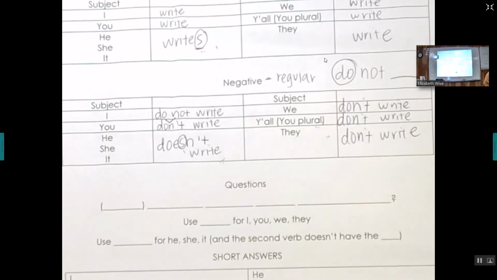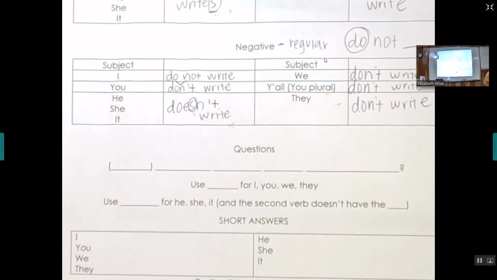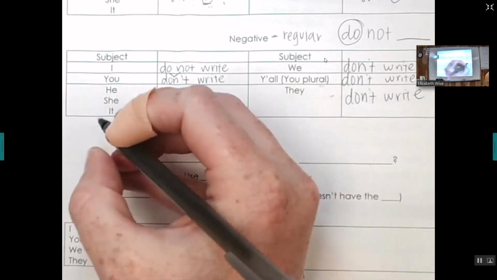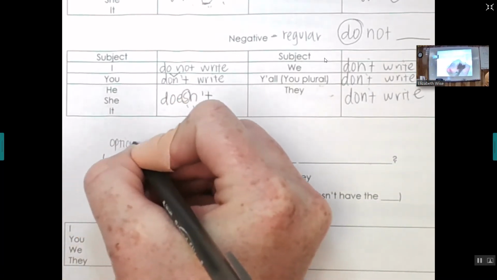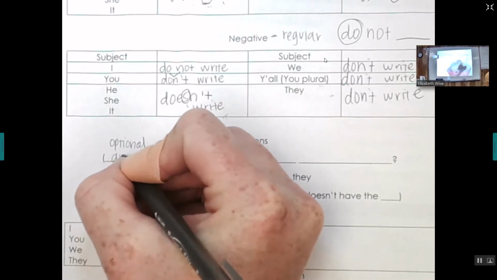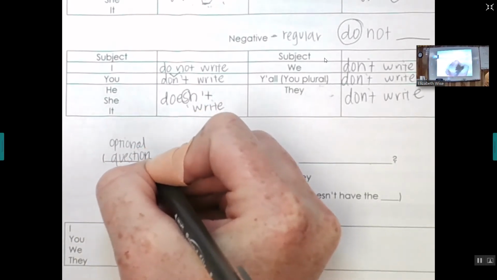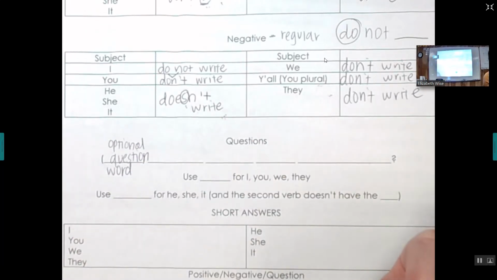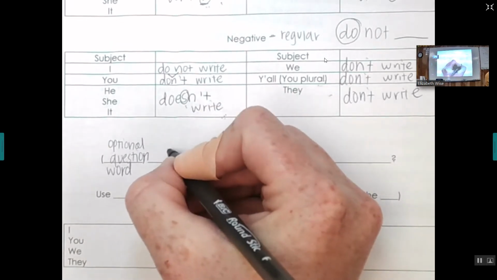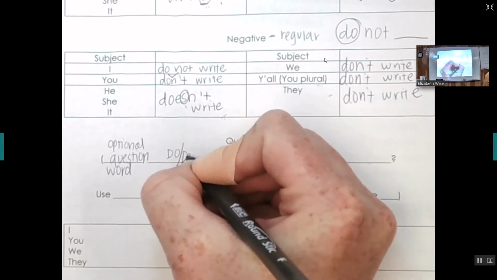So questions. Let's do some questions. Okay, so we do an optional question word. That's the first thing. So that's optional, so you don't have to have it. Do or does goes next.